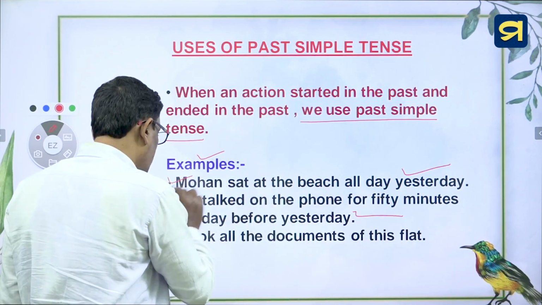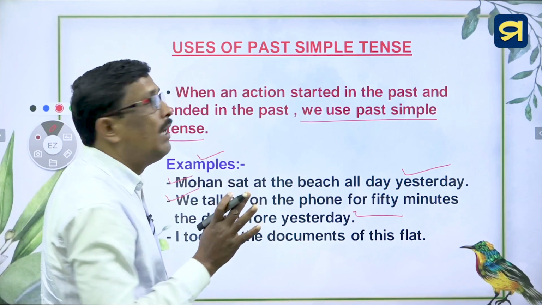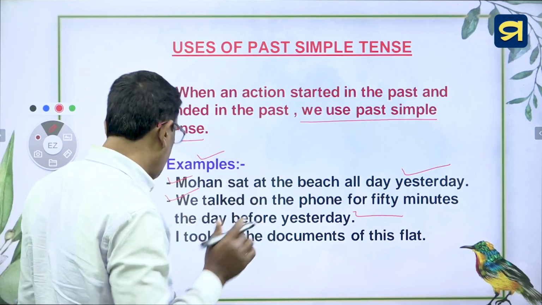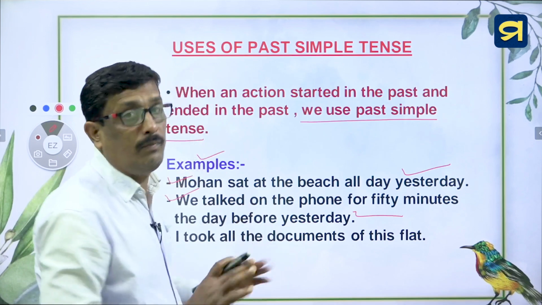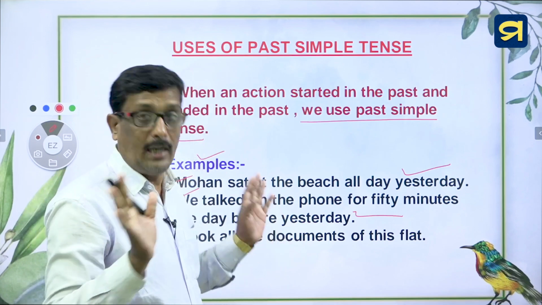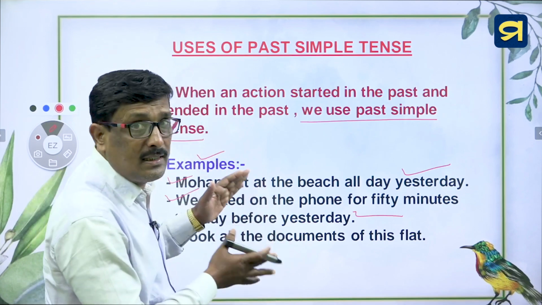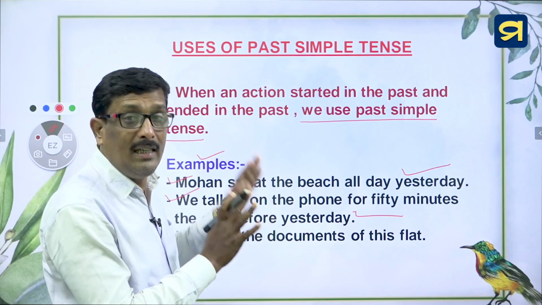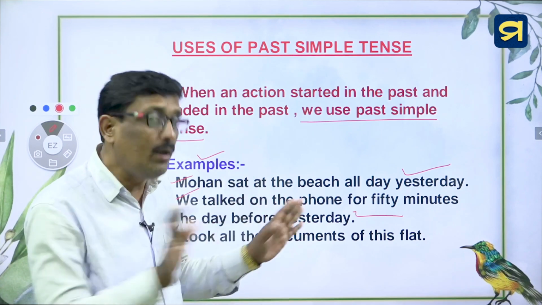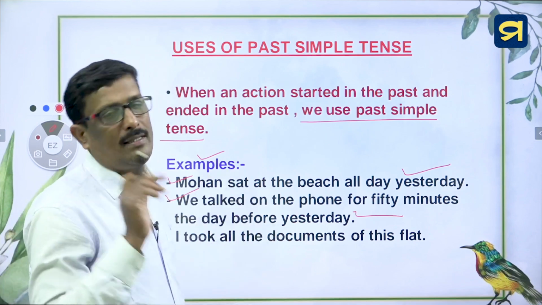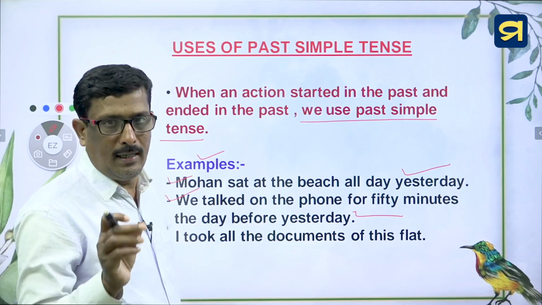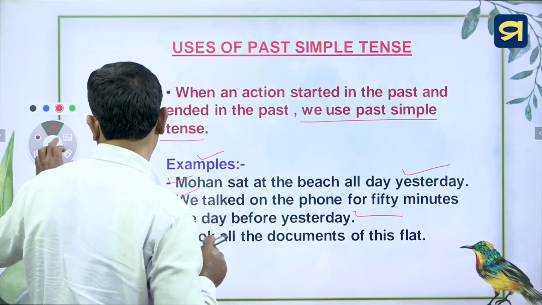Have you marked the use of past simple tense? The last one: I took all the documents of this flat. These sentences prove that these actions have no relevance with the present. That's why all these sentences are written in simple past tense.